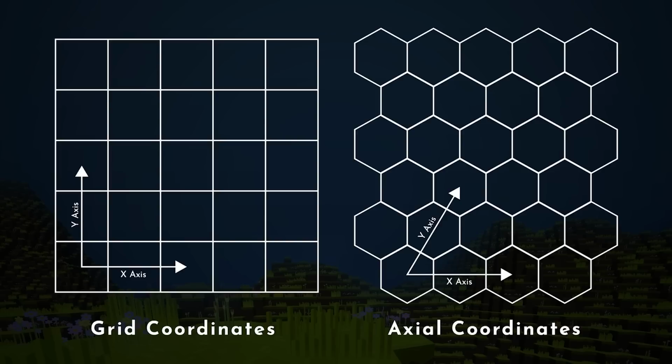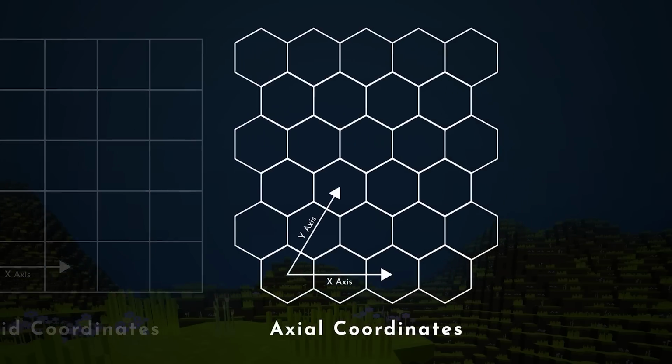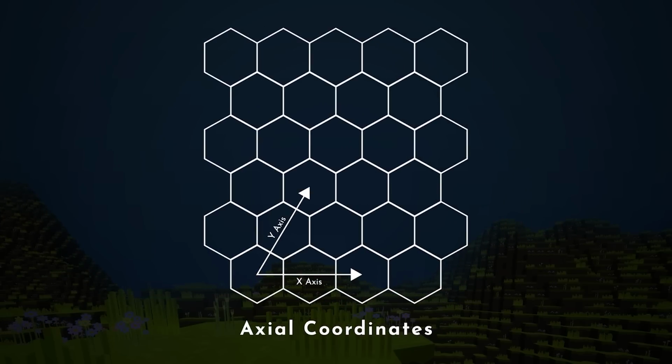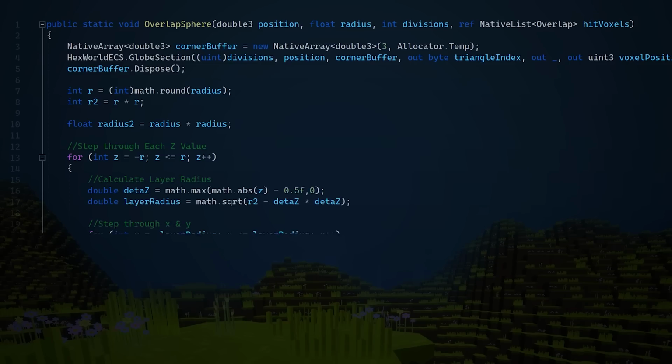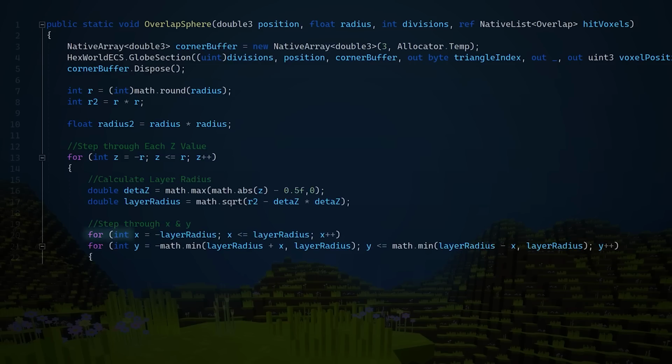And now we're at that point again where having hexagons becomes annoying. With cubes, we could have just used the same trick again to get every x and y coordinate, but the hexagonal grids work differently, and we're using an axial coordinate system. We can treat the x-axis normally and make a loop from minus radius to plus radius, but for the y-axis we want to use this formula here.